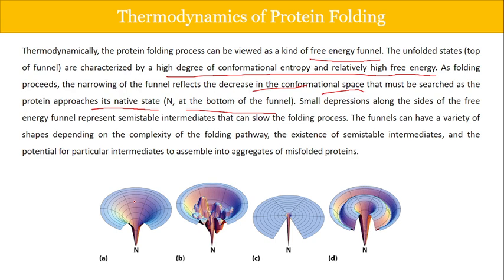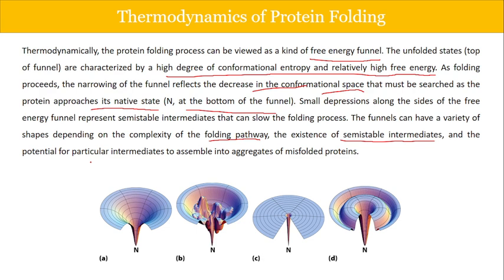So the wider, broader region at the top is of your unfolded proteins, and as the folding process continues the funnel gets narrower. Now these funnels can have a variety of shapes depending on the complexity of the folding pathway. So the funnel gives us information about the folding pathway, the number of semi-stable intermediates present, and the potential for particular intermediates to assemble into aggregates of the misfolded protein.